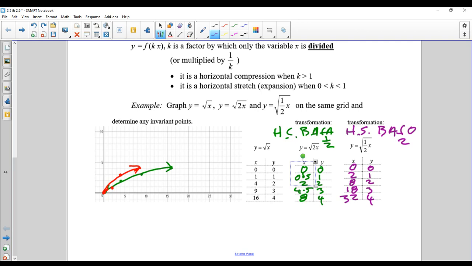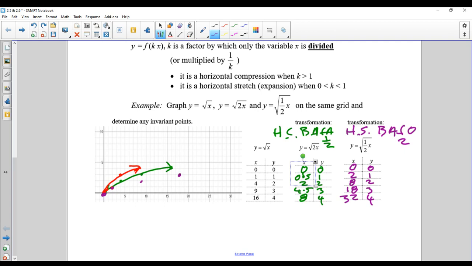Here comes my graph. I'm going to come around and have a look at yours in a minute. 0, 0, they all seem to have that as an invariant point. And then 2, 1 should be about here. And then 8, 2 should be about here. The shape of this doesn't surprise anybody. 18, 3 should be about here.